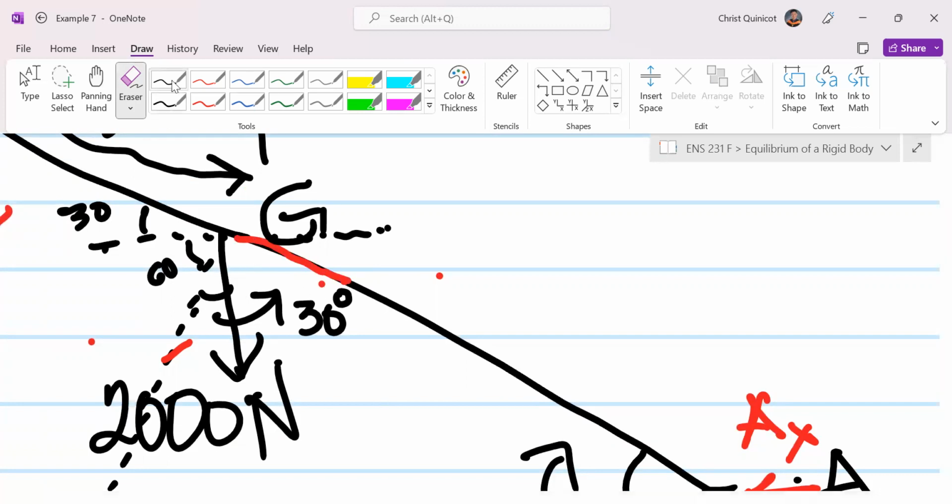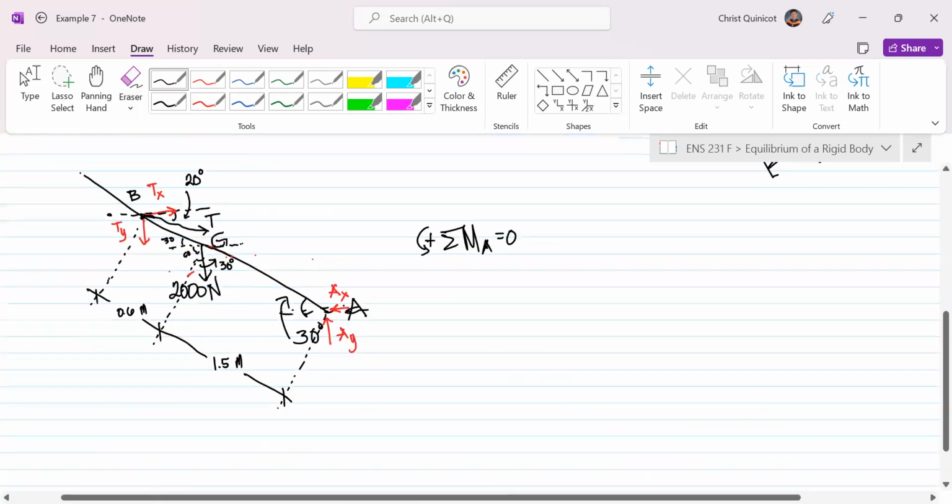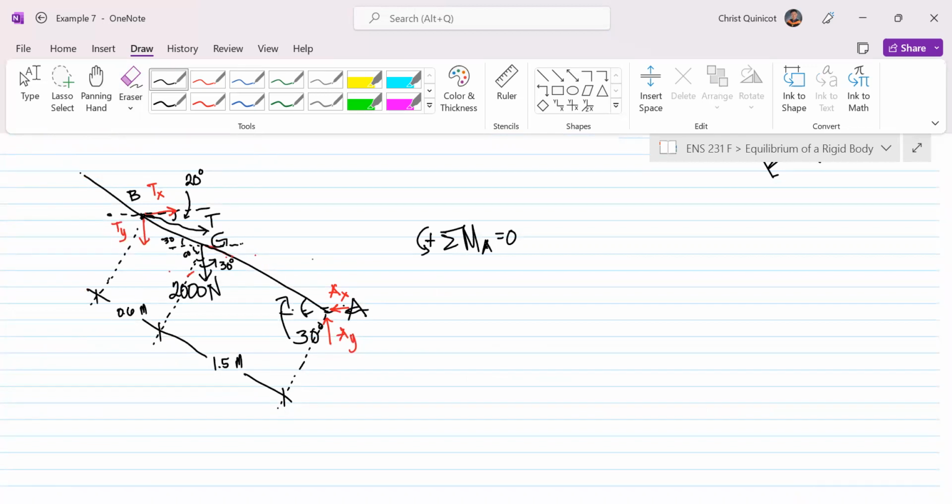Let me just write black on top of our red. There you go. And our 2000 Newton causes, sorry, a counterclockwise moment about A.